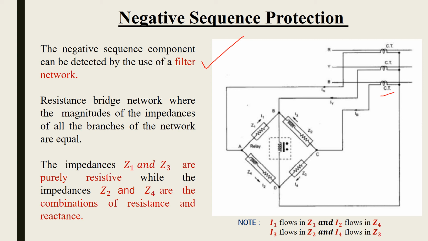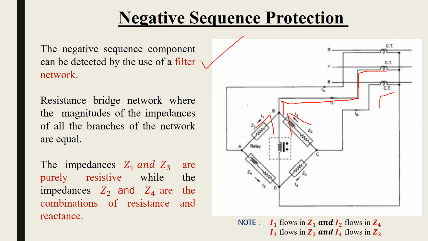In the same way, the CT secondary current from phase B at point C will get distributed equally into I3 and I4. Here, I3 current will lag the current I4 by an angle of 60 degrees. The relay current here will be equal to IY, which is the CT secondary current of phase Y, plus I3 current flowing through Z2 impedance and I1 current flowing through the impedance Z1.